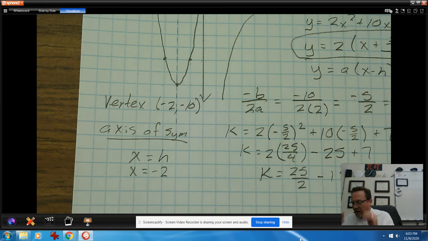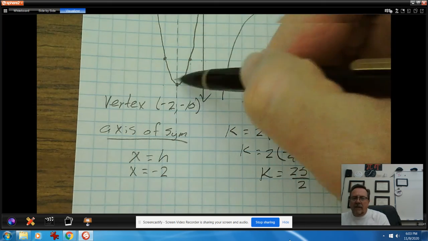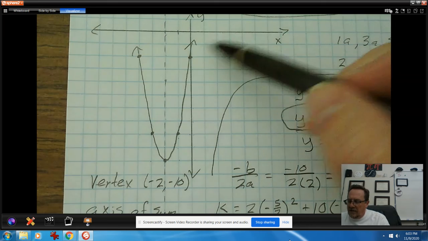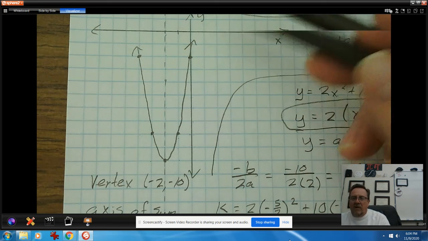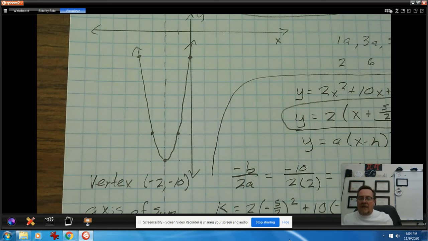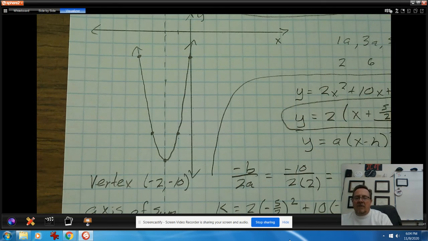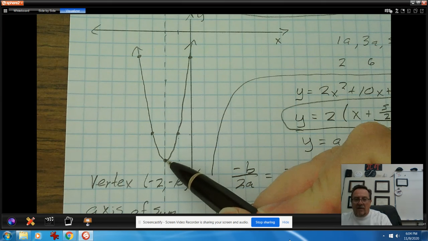Then it might say, is there a minimum or a maximum value? I think we kind of touched on this before. If you look at this function that we graphed, the arrows that I put on the end here mean it just keeps going up and up. So there's no maximum value. When we're talking about maximum or minimum values, we're talking about the y values. Since there are arrows here, it just keeps going up. There's no maximum y value, but there is a minimum one that's down here at the vertex.